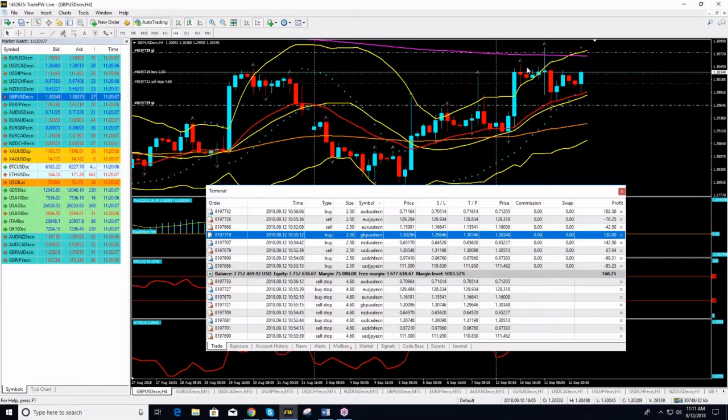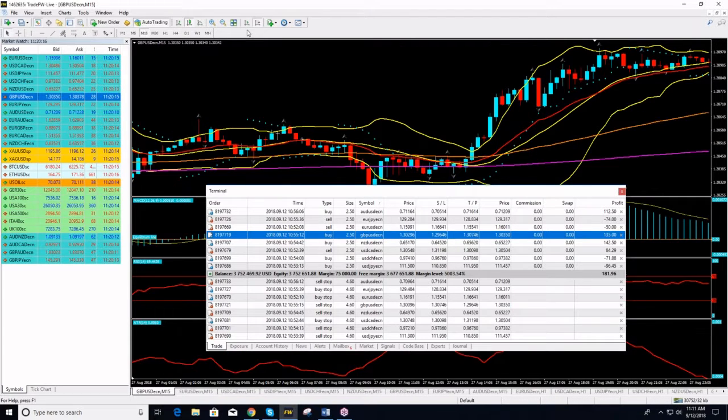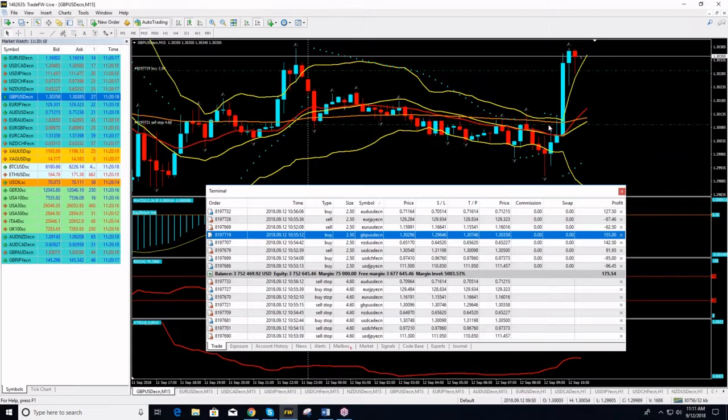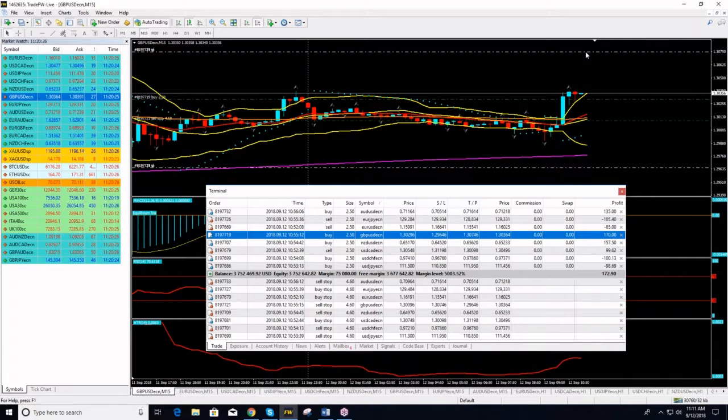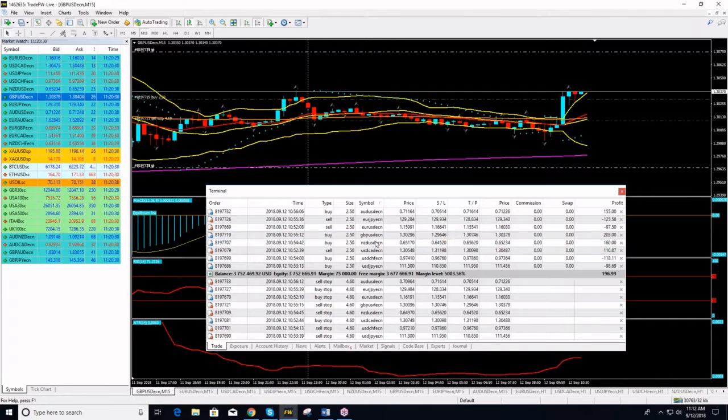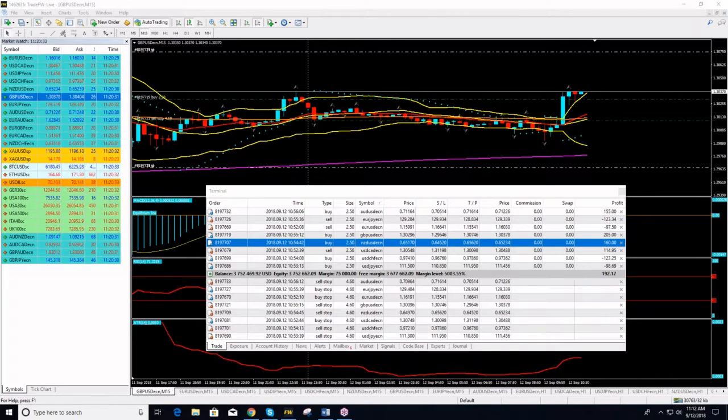Very bullish momentum this morning, despite the fact that it's trading below the MA of 200 periods on the 4-hour chart. If we go to the 15-minute chart, we will see that it has a very, very strong bullish momentum. Look at this candle, guys. So I believe we are going higher on pound dollar, and our take profit is at 1.3746.